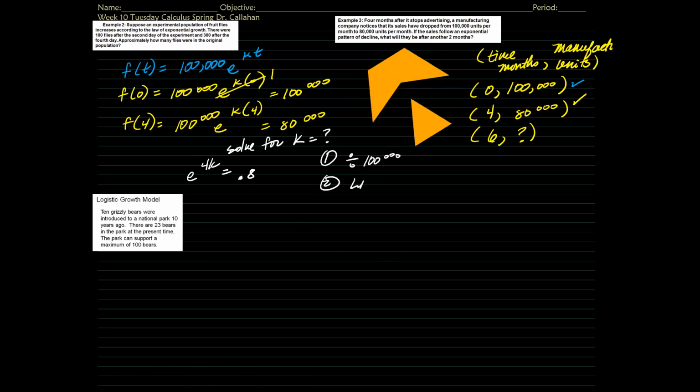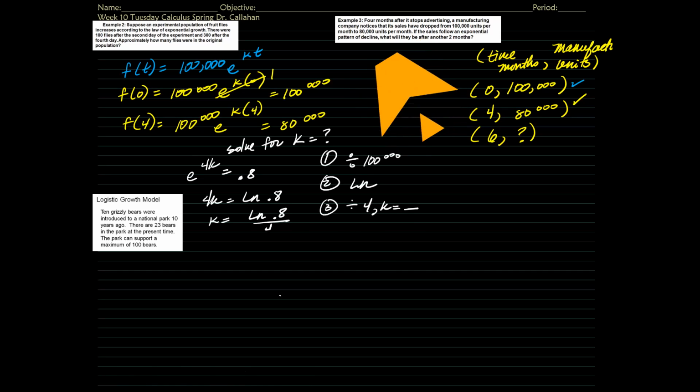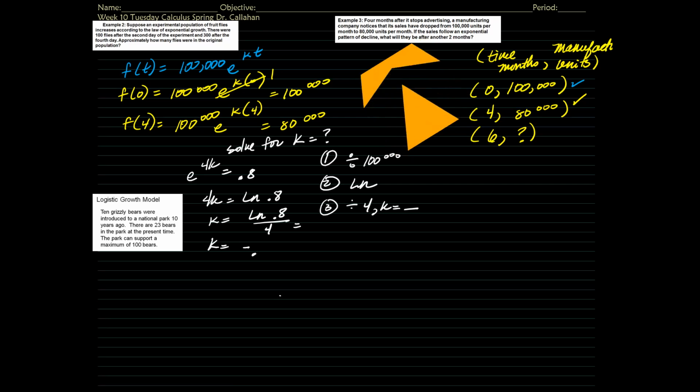Next, I want to do ln on both sides, so I have 4k equals ln 0.8. Next, I divide by the 4 and solve for k. So k equals ln 0.8 divided by 4. And if I divide that, k is equal to a negative 0.0558.